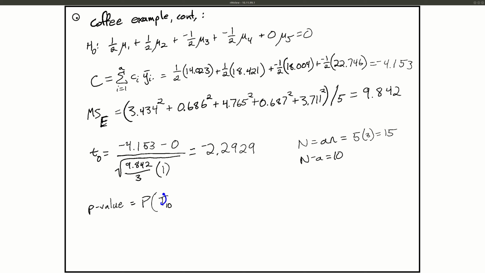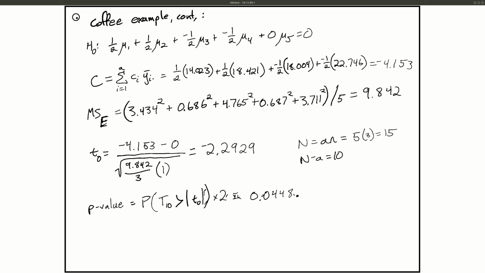So a random variable that follows a T distribution with 10 degrees of freedom, probability that's greater than the absolute value of our T naught. And we would multiply this by 2 because it's a 2-sided test. So this comes out to 0.0448.